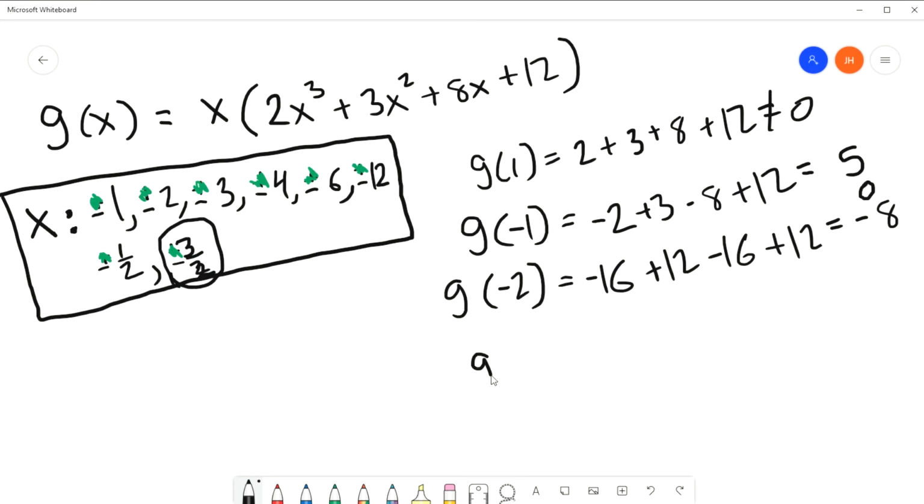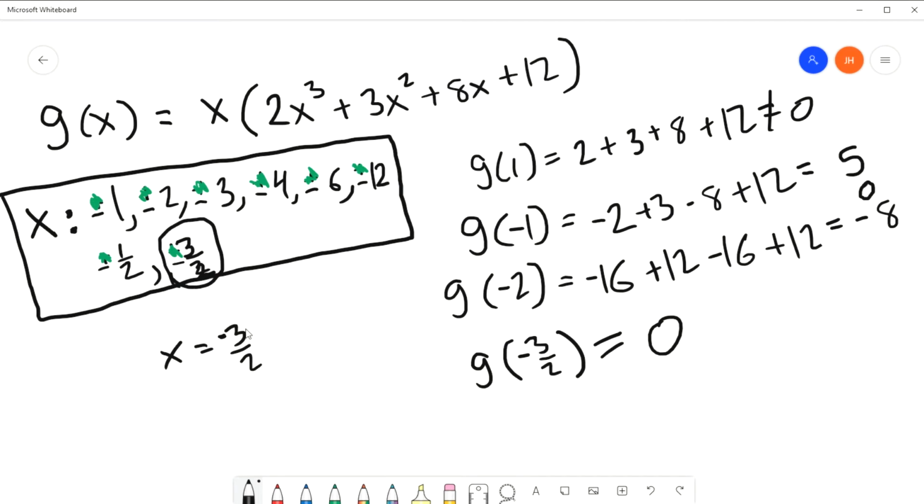So what is g of negative 3/2? This is one where you might want to pull out the calculator, but you'll see that if you plug it all in, it equals 0. So one of my solutions here is x equals negative 3/2.